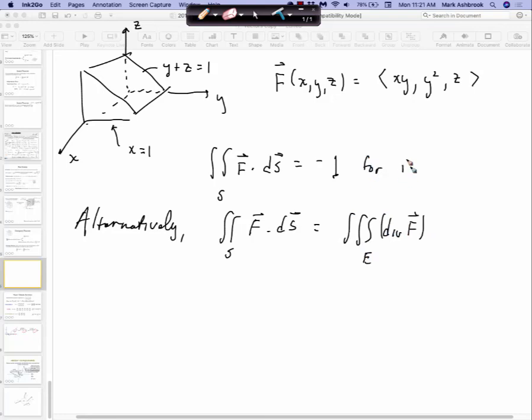For inward orientation. So if we get positive 1 by the divergence, will that faze us? No, that's just saying that the triple integral was calculated for outward orientation, which I suspect it's going to do.